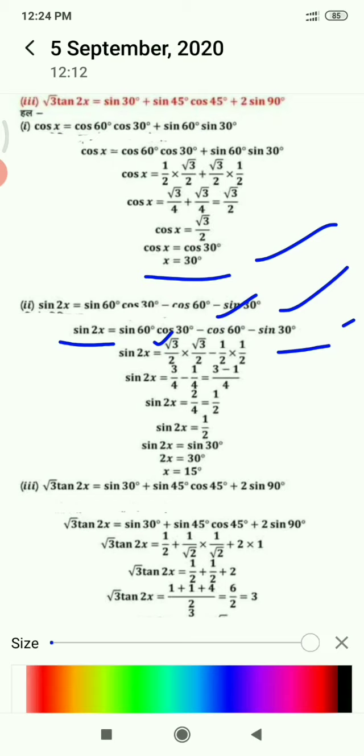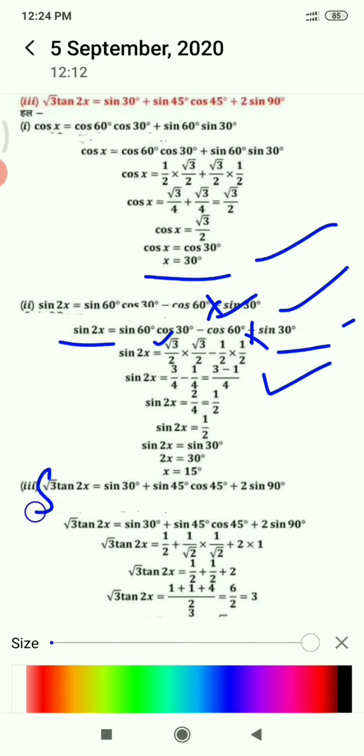Each is a product, sin 60 cos 30 minus cos 60 sin 30. Then root 3 by 4 minus 1 by 4. After LCM, we find 3 minus 1 upon 4. Then 2 upon 4 equals 1 by 2.